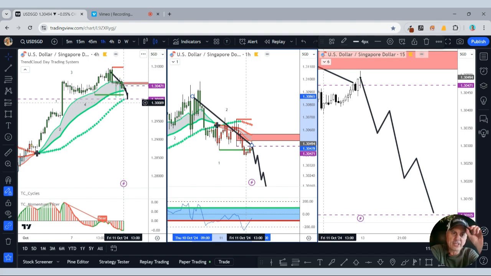So with TrendCloud, you're using a 3 time frame system, and it's very objective and it's extremely organized, and that's what you're going to need to make decisions in the market with any strategy that you decide to employ.